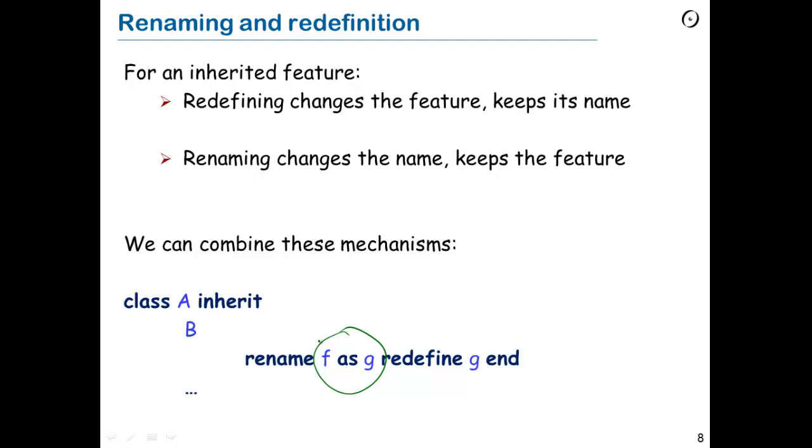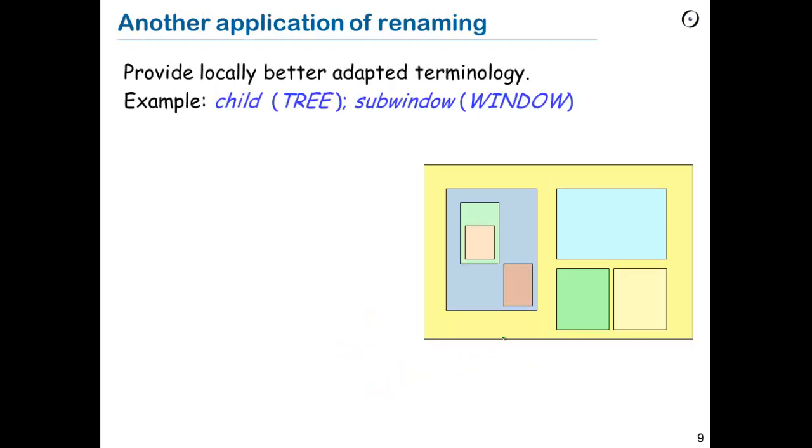By the way, these inherit clauses can have rename, redefine subclauses. This example illustrates the syntax. It starts with rename if present, rename always has an as, and then it continues with redefine if needed, with a list of features, and then it always ends with end. That's the way it looks like.